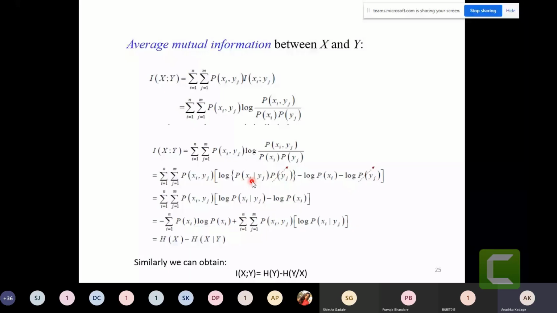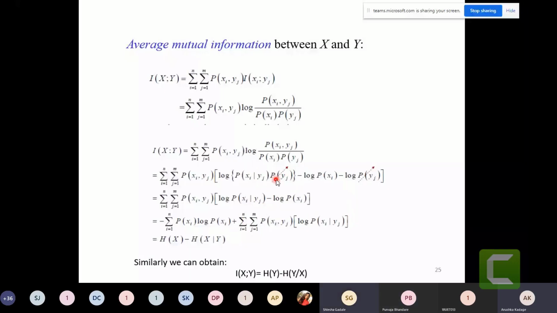When I do this, p of xi will get cancelled with p of xi and your remaining part will be p of yj divided by xi minus here p of yj. In that case, I am substituting here in the bracket in the reverse way. Have you understood?